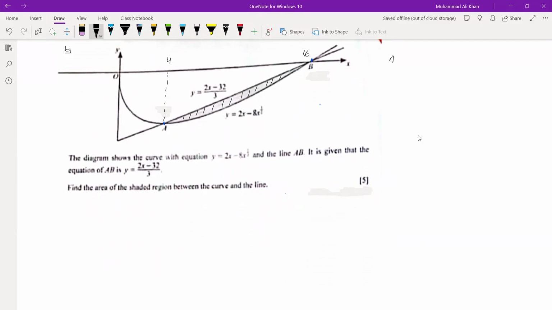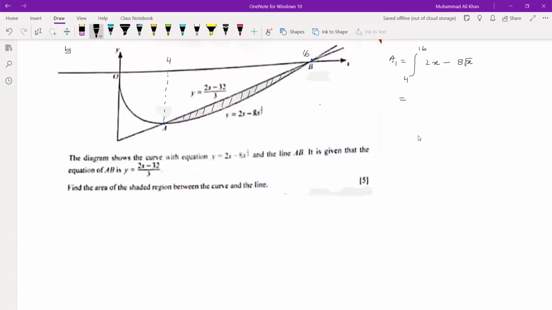First, A1, I am integrating the curve, which is 2x minus 8 under root x, from 4 to 16.